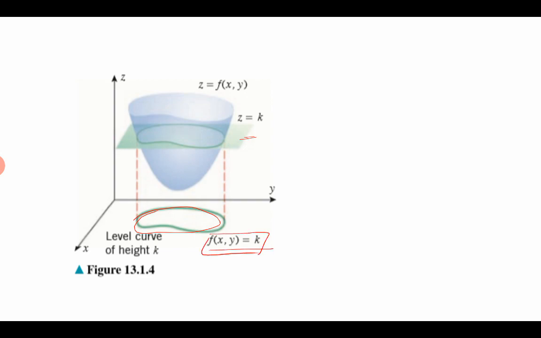As you come down, the curve becomes smaller and smaller, getting very close to the vertex. So the height level is represented by every curve. For every increase in height, the curve gets larger. This is another case of level curves.